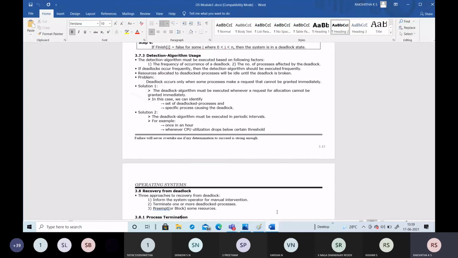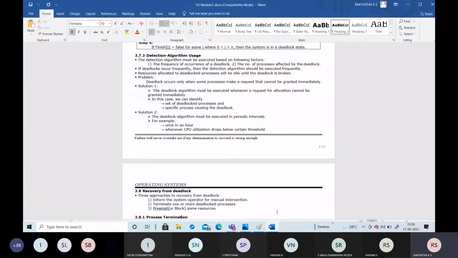So if the deadlock occurs frequently, or if the maximum number of processes are affected by the deadlock, then we have to use the detection algorithm. There is also one disadvantage in this case.